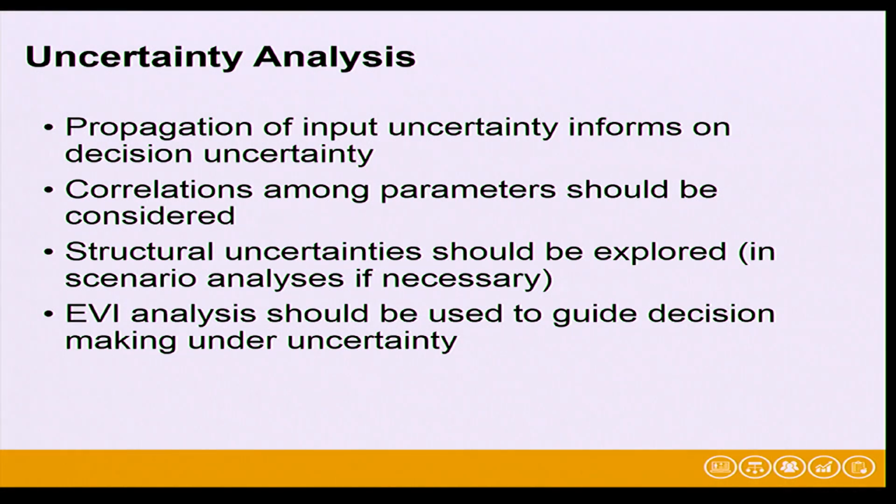Structural uncertainty should be explored, and I'll talk about this a little bit more on the next slide, and expected value of information analysis should be used to ultimately guide decision making under uncertainty. And that can be decisions of whether to adopt the intervention now or to conduct further studies.